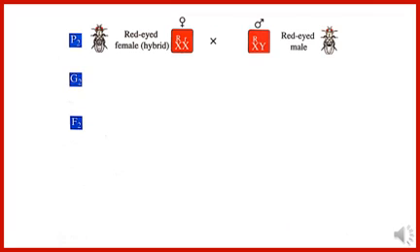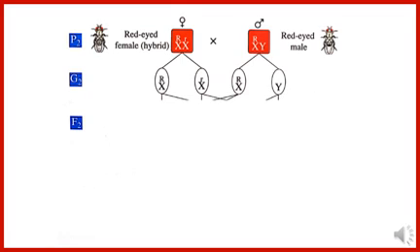In the second generation, we cross a hybrid red-eyed female, meaning it has R capital and R small, with a red-eyed male with R capital on its X chromosome. The female will have two kinds of gametes, X that carries R capital and X that carries R small. The male will have two kinds of gametes, X with R capital and the Y gamete.